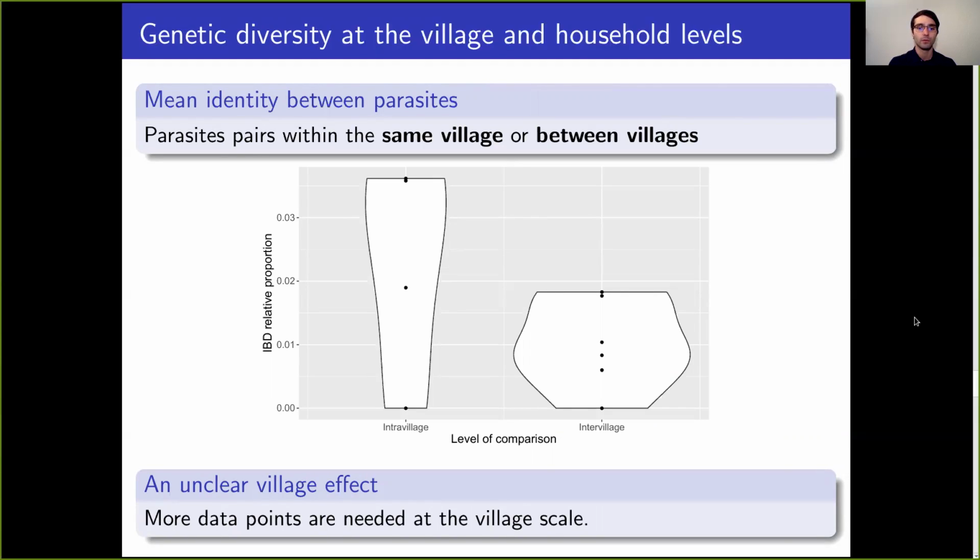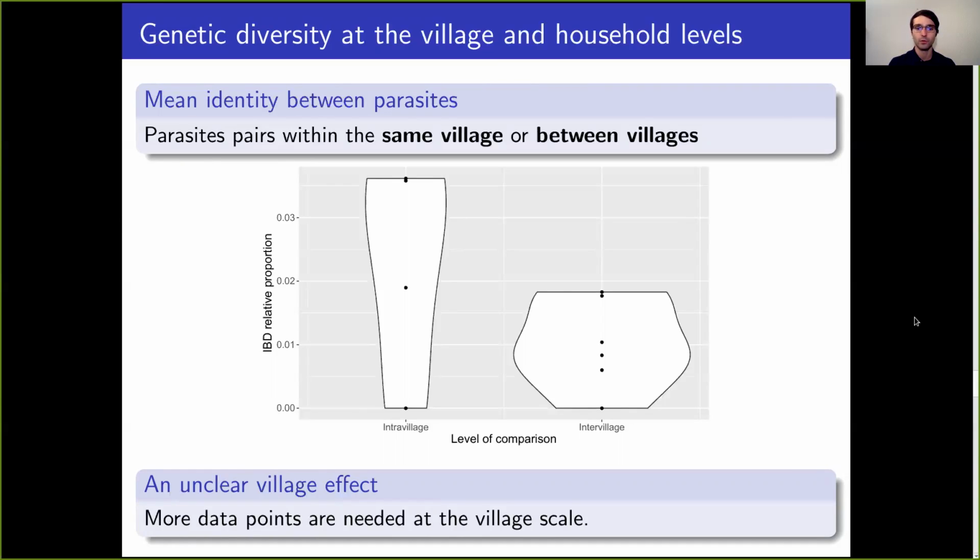Here, we took all the different pairs of villages and calculated the average IBDs obtained between pairs of sequences. We grouped these pairs of villages, whether the sequences came from the same village or from different villages. Here is the plot showing this result.